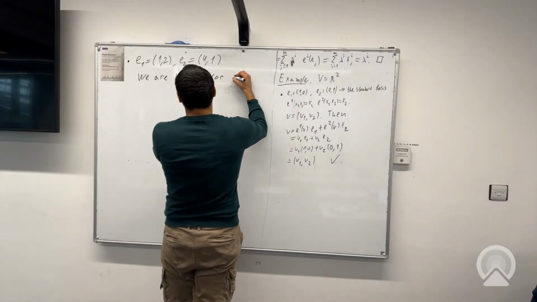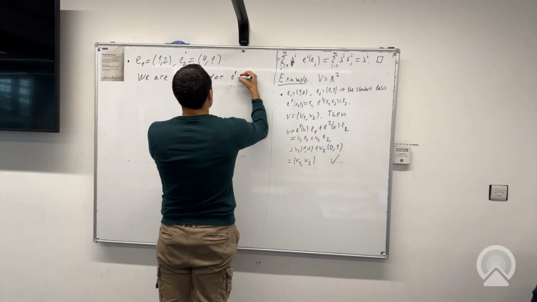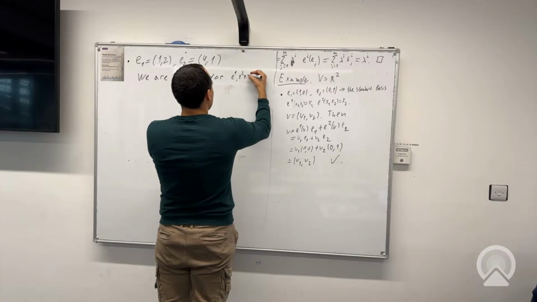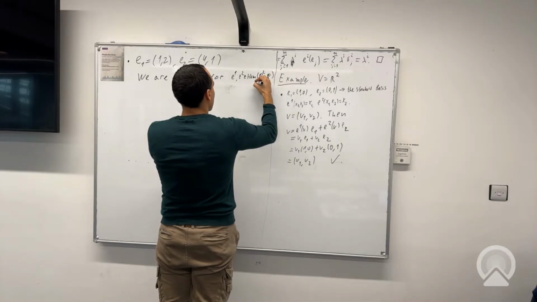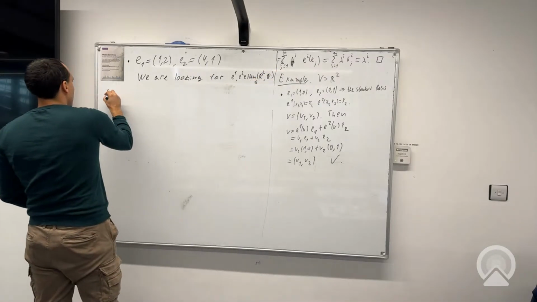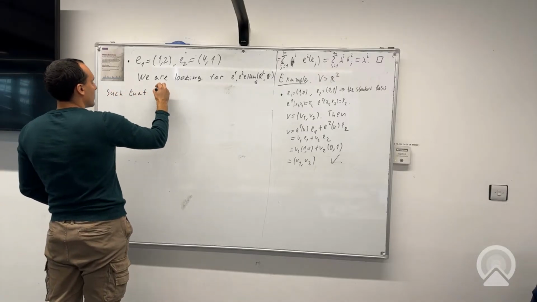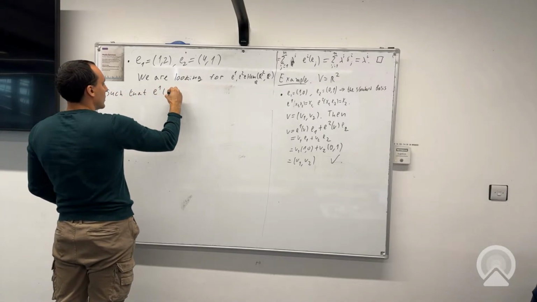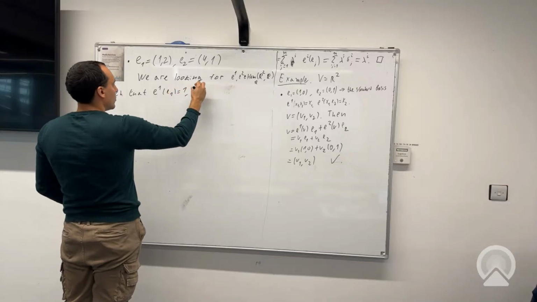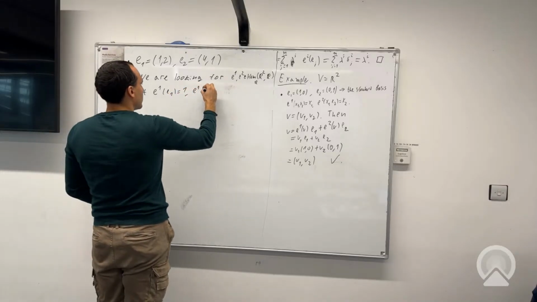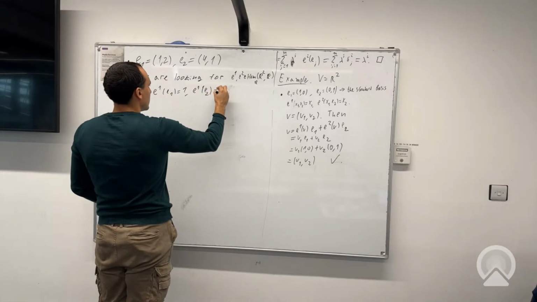So we are looking for e^1, e^2 in (R²)* such that e^1(e1) is 1, e^1(e2) is 0.